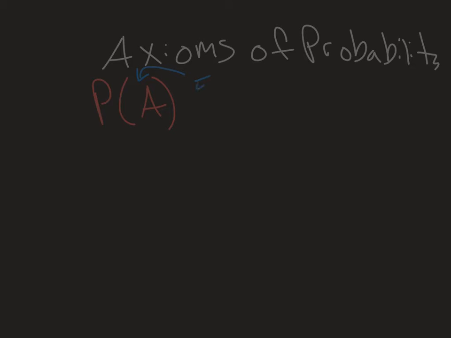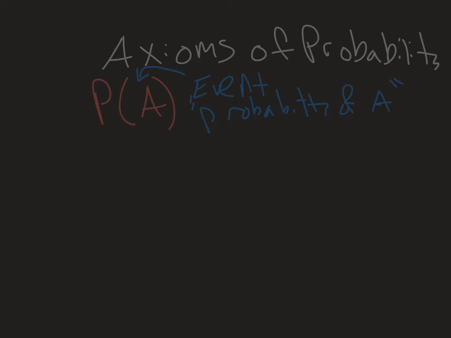A being some kind of event, like a coin toss, or rolling a die, drawing a card out of a deck, pulling something out of a sample. So it's just a way of saying probability of whatever A is, A being the event. So probability that a tail is flipped when a coin is tossed. Probability that a 7 is rolled between two dice, that kind of thing.